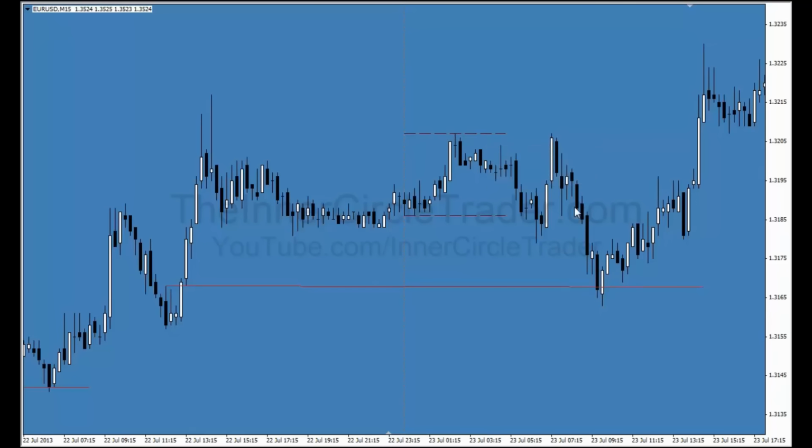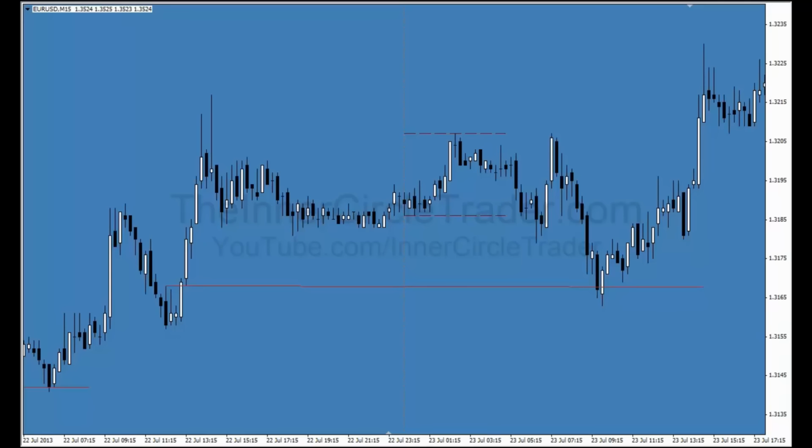Think of the daily range. Remember, we were talking about the likelihood of big range days. If we have the opening price in here, it doesn't really work both sides of the opening price very much, and certainly doesn't work the lower end making the low very much. In other words, what do I mean by that? There's not much range on the daily bar from the opening to the low.